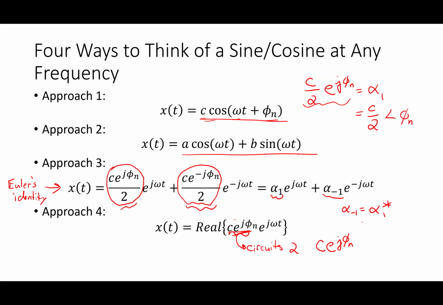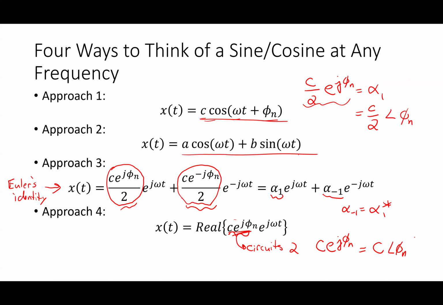So C e to the j phi n is the static phasor. In circuits 2, you would call this C angle phi n, and you'd be happier about it, at least. It looks ugly when I say it's the real part of that. But all 4 of those waveforms are the same.